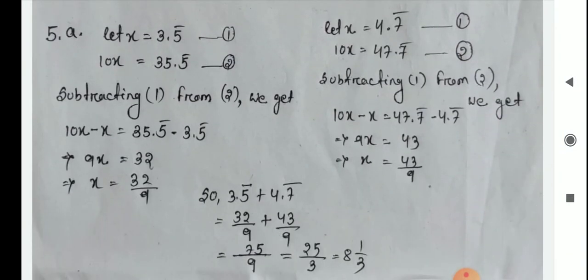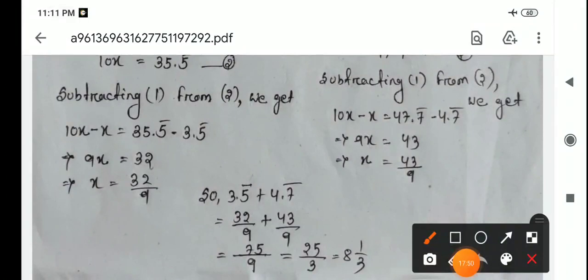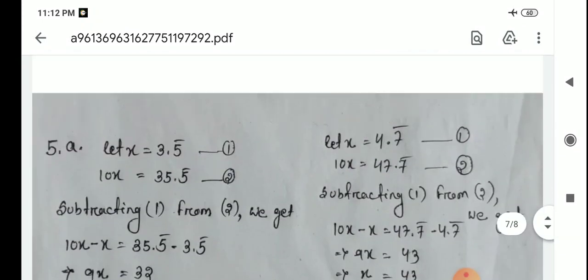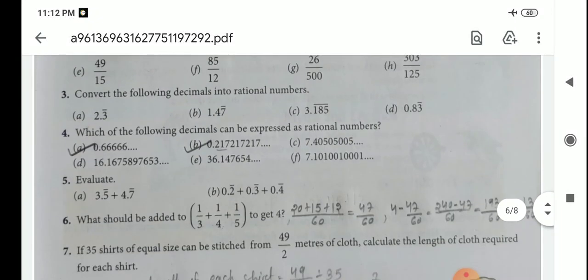Let x equal to 3.5 bar, then 10x equals 35.5 bar, then we subtract, then we get this answer. Then here also we solve, then we get 43 by 9. Then according to the question we add, at last we get 8 whole 1 by 3. So this method you apply for part B.